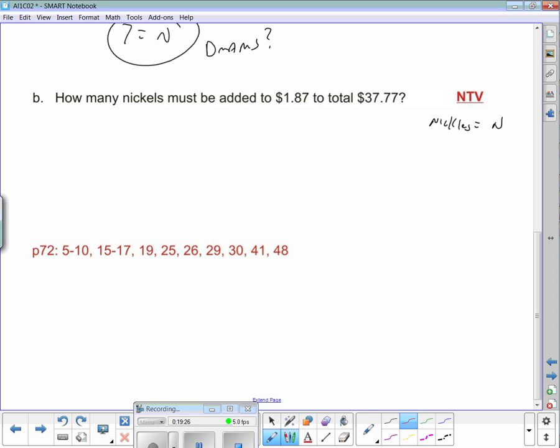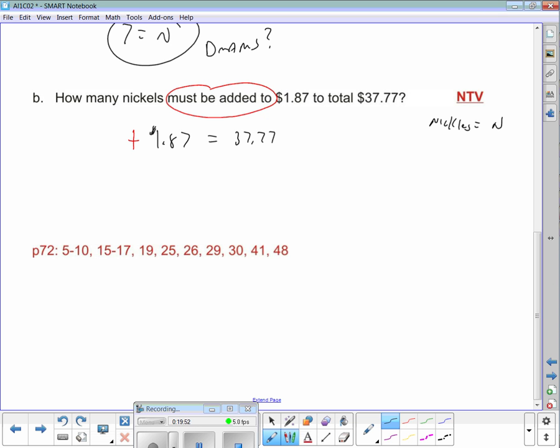How many nickels must be added to? We know that's plus, right? Added to what? $1.87 to get $37.77.